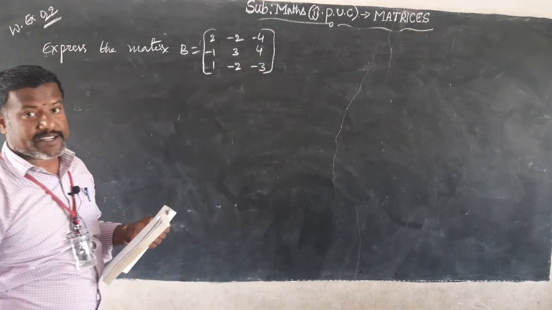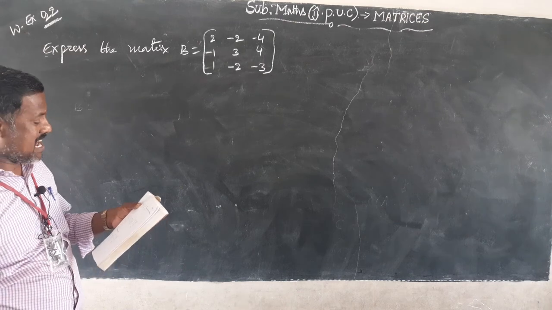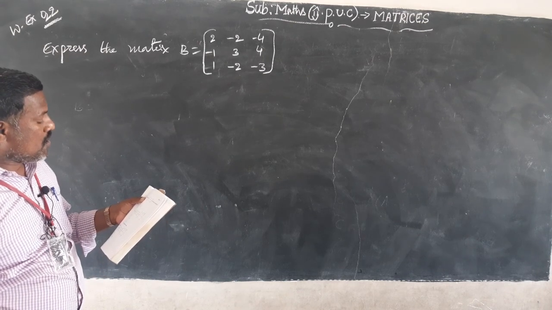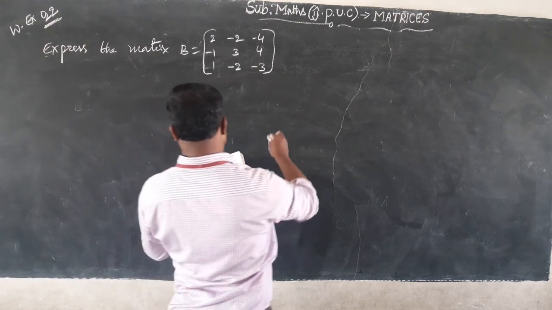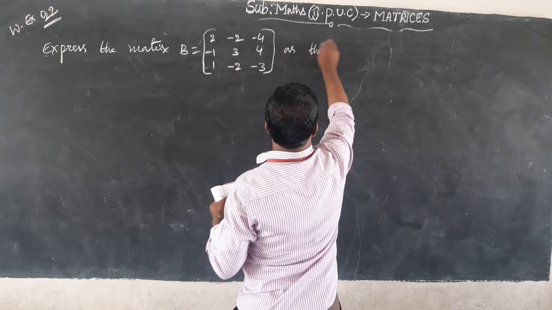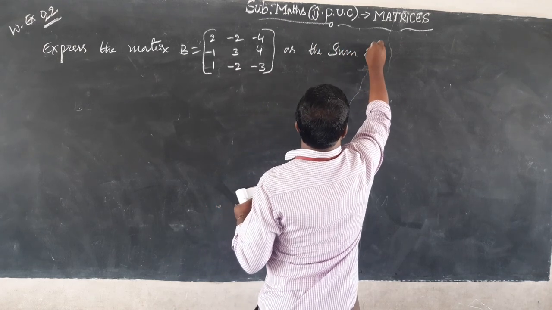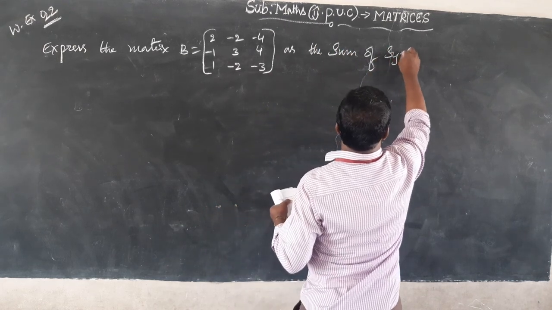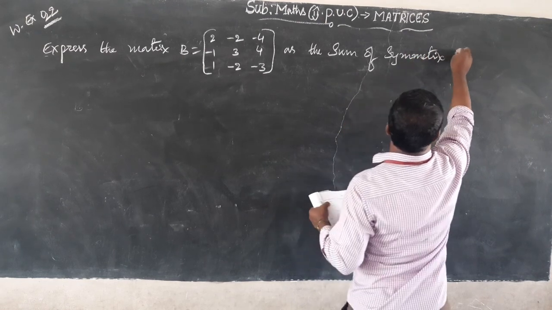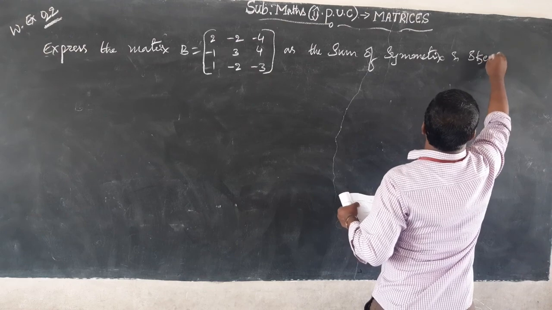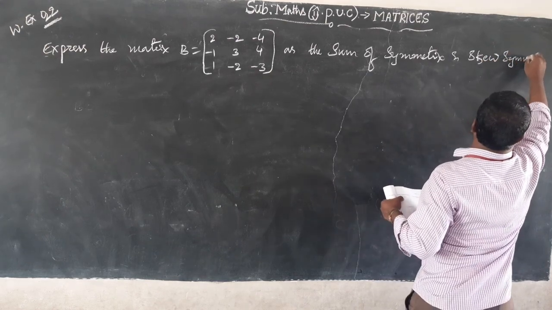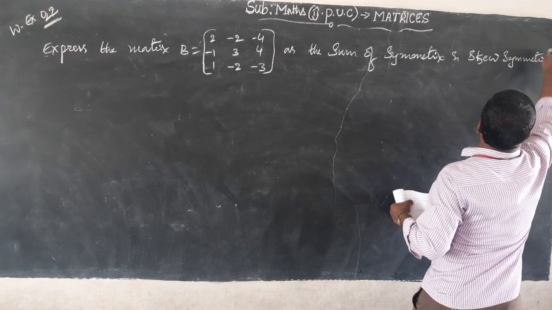It is a square matrix of order 3 cross 3. Express it as the sum of a symmetric and skew symmetric matrix.